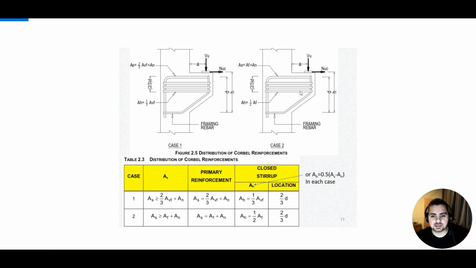So here this is basically the detailing of our reinforcement. We can see the reinforcements that are required along with the values, but what we care about here is this value, which says that the depth at which I am going to distribute my shear reinforcement is going to be 2 over 3 D, my D being 400.